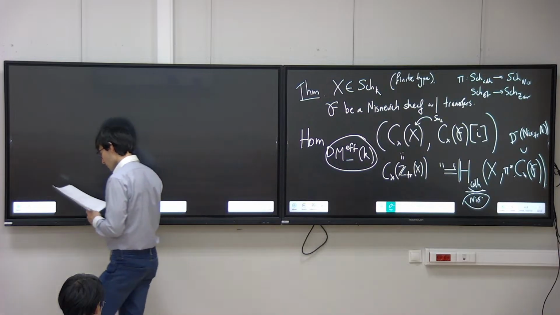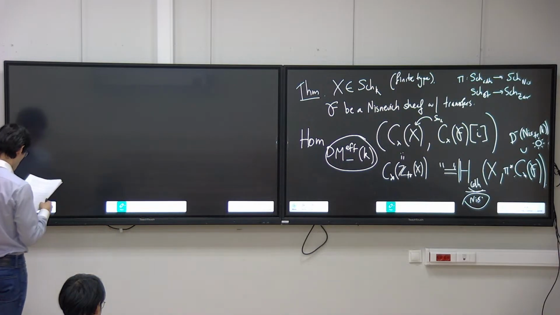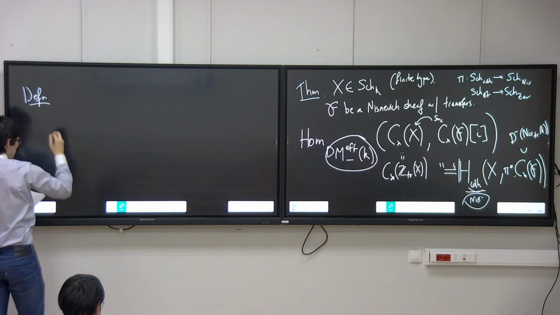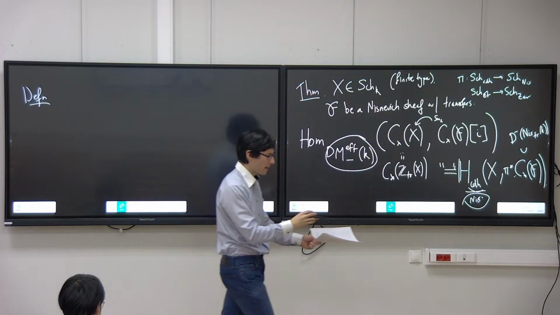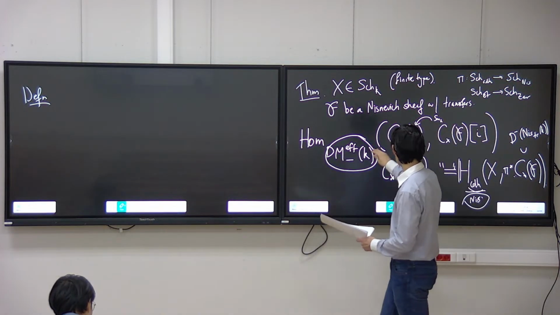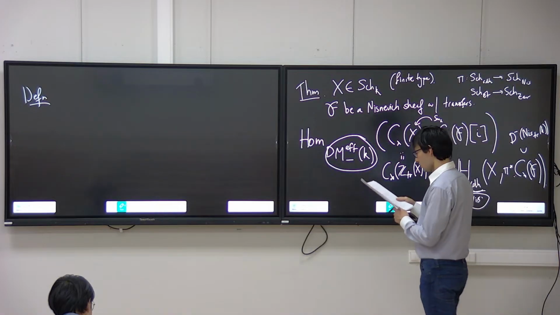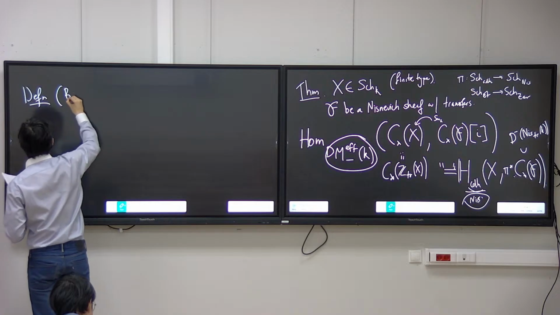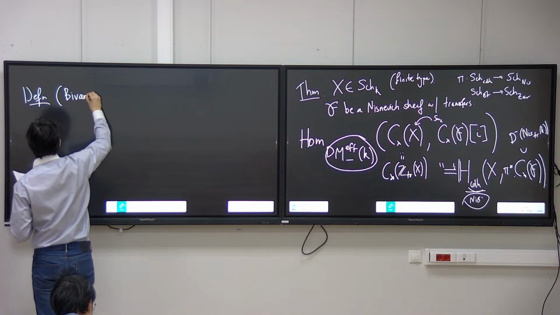Okay, so with this in mind, one final definition, so that we connect higher Chow groups with motivic cohomology, and we're certainly getting close, is to define this bivariant cycle cohomology.